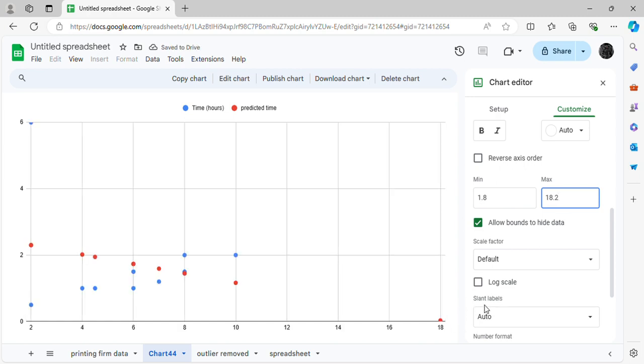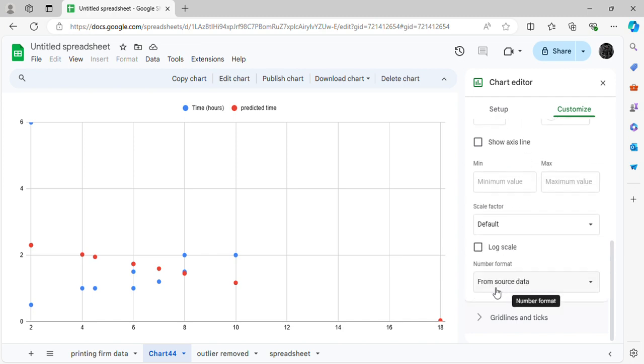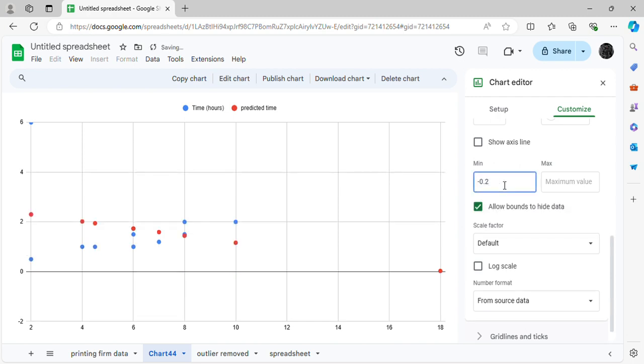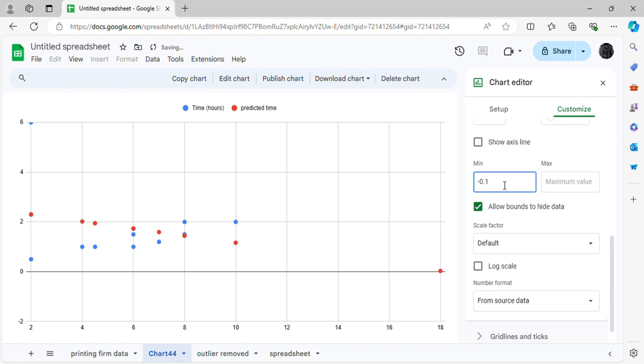And for the vertical axis, let's select the minimum value to be minus 0.2. And the maximum value, let's select, say, 6.2.